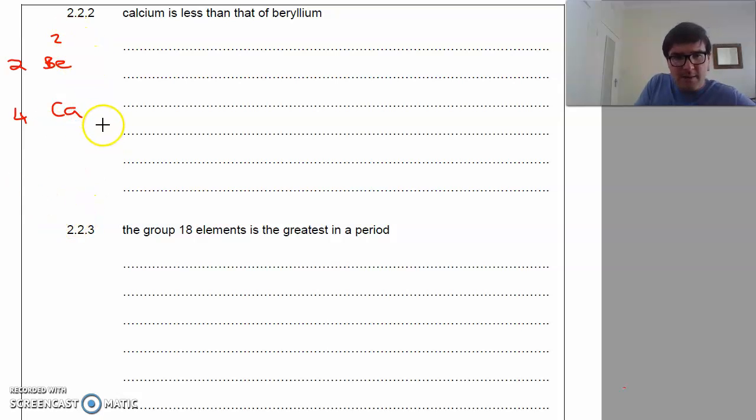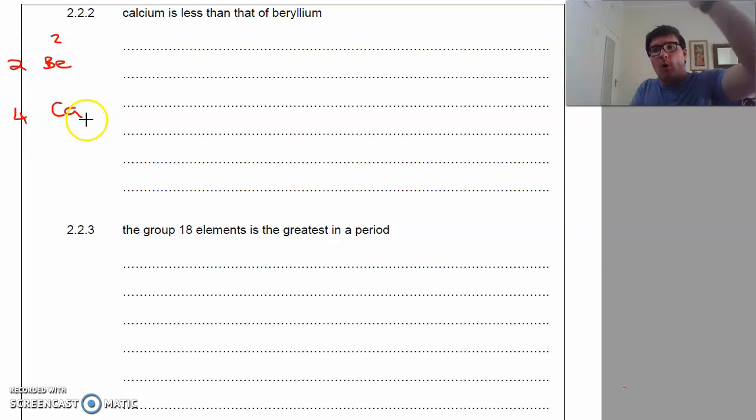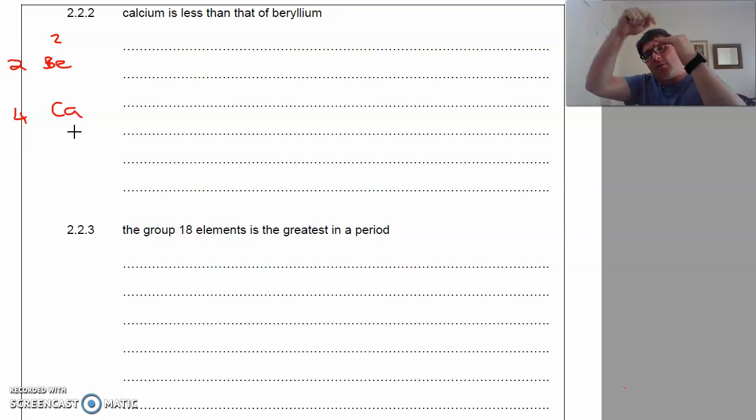So they're in the same group, but in different periods. This tells me they've got the same number of valence electrons. But as I move down a group to the next period, I've got more energy levels. What does more energy levels mean? It means there are more electrons in between that can limit the attractive force of the nucleus on the outer electrons, the valence electrons. And we call that effect electron shielding.